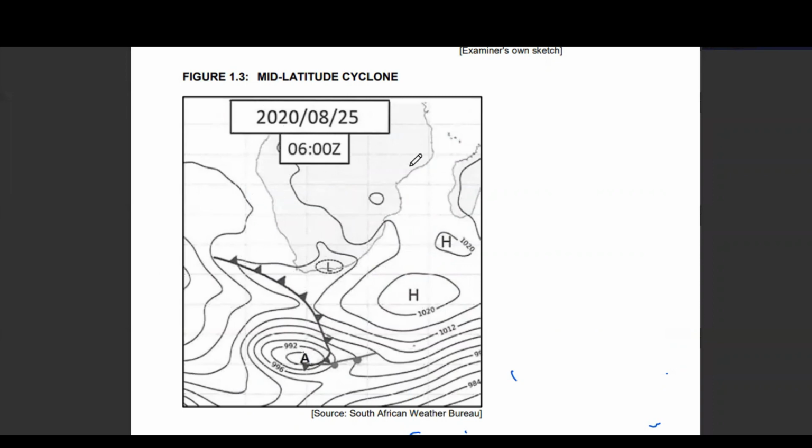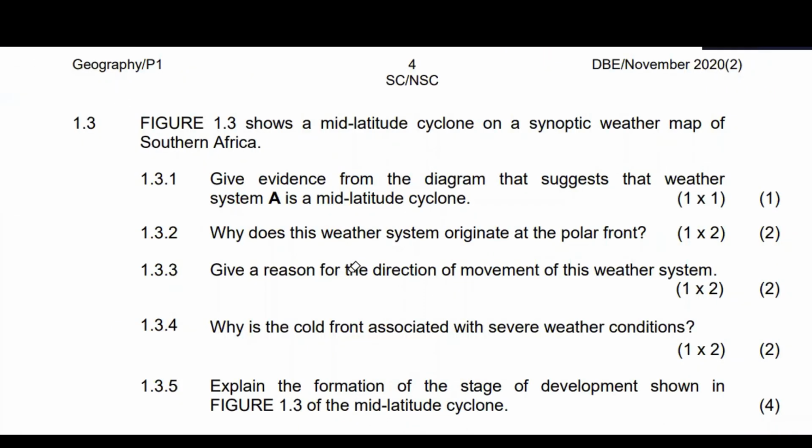Like I told you, you can already see the sketch of South Africa. The first question that comes our way is saying, give evidence from the diagram. I want to read it as many times as possible so that you can understand what the question requires.